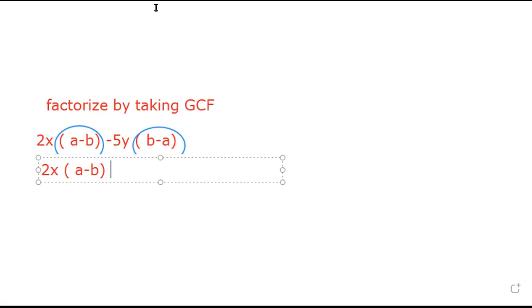And already negative 1, which we will take as a common. The sign in the middle was negative 5, then negative 5 times negative 1 will change into positive 5y, and then we have a minus b, a minus b.